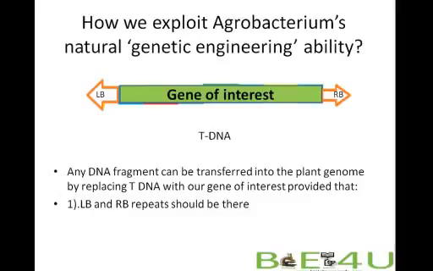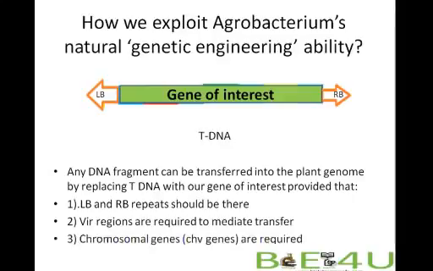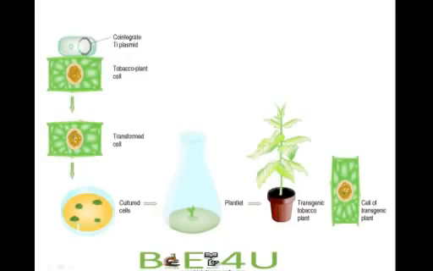Left border and right border repeats should be there. Any gene placed between the left border and right border repeats will be transferred and integrated into the genome. Then vir regions are required, which are responsible for transfer. The third thing is the chromosomal virulence genes, or chv genes, which facilitate binding of the bacterium, intimate contact of the bacterium to the plant cell. These are the three prerequisites for a successful transfer.